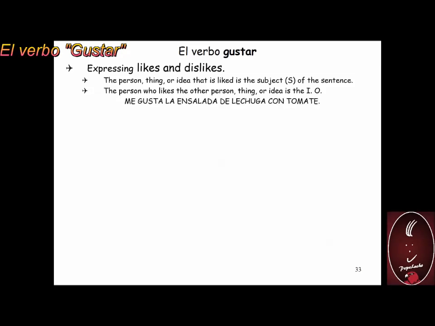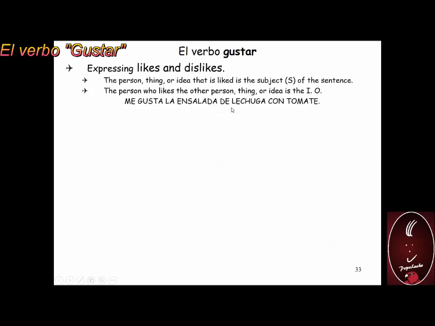In these sentences, me gusta la ensalada de lechuga con tomate. What is the subject of the sentences? The subject of the sentences is the person, thing, or idea that is liked.